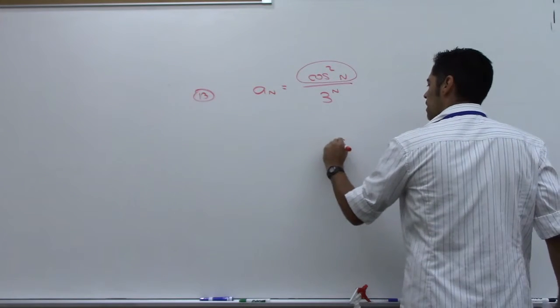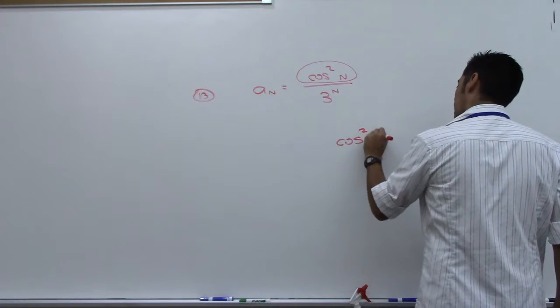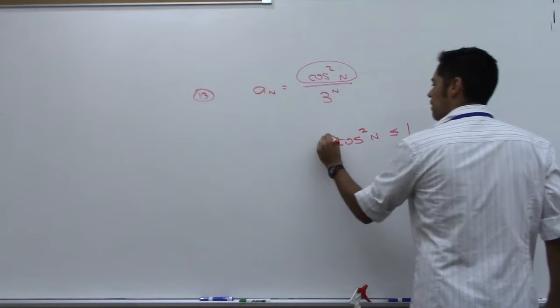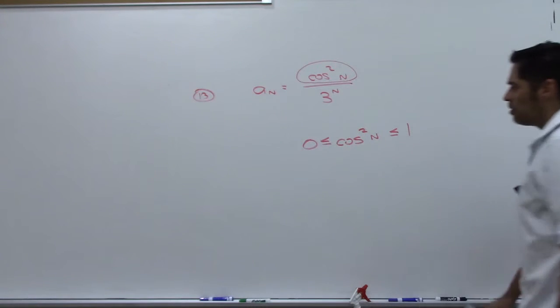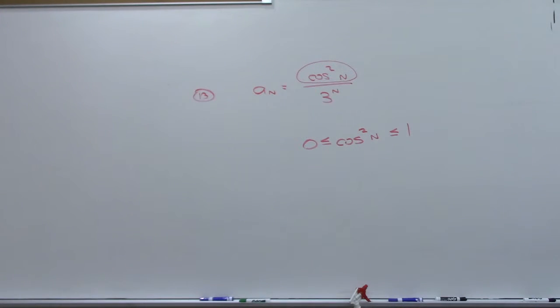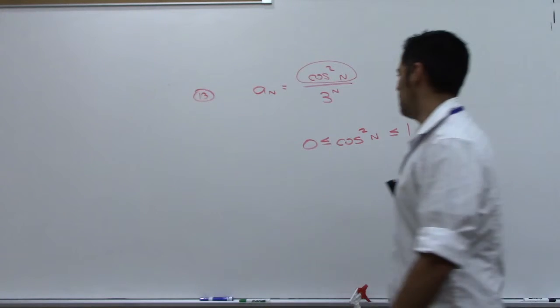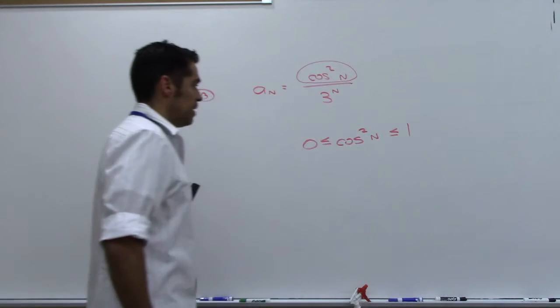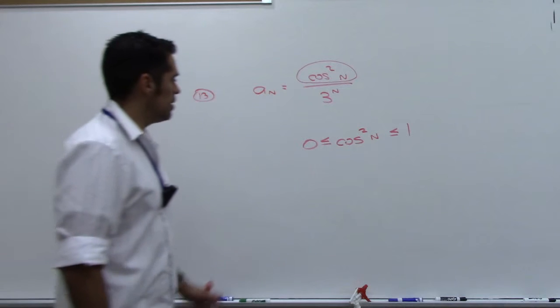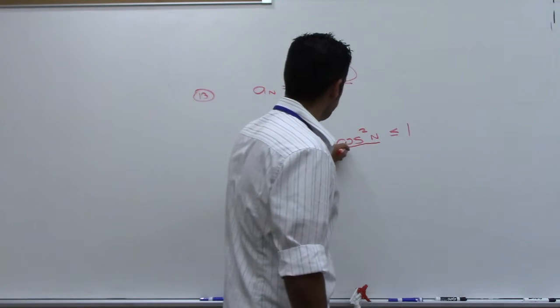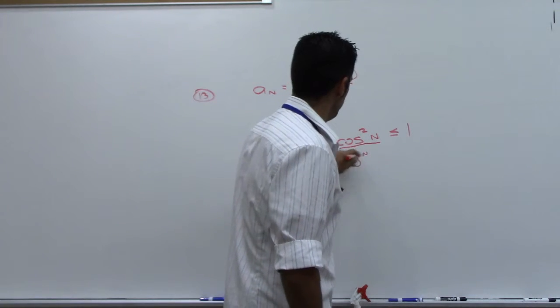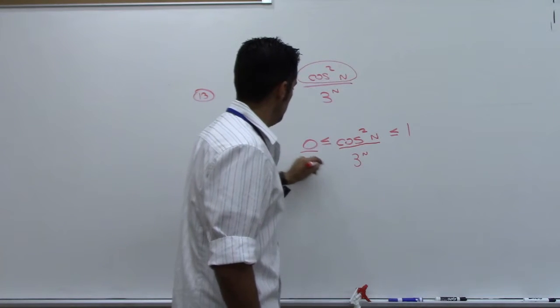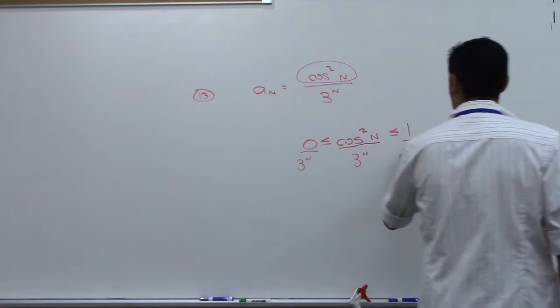So what I want to write down is this. Cosine squared n is less than or equal to 1 and greater than or equal to 0. You just have to agree with me on that and believe that that's true just by the definition of what cosine has to be between. And then what I'm going to do is divide everything by 3 to the n.